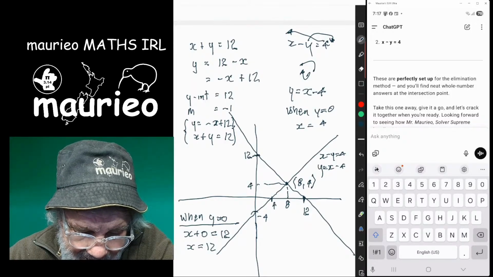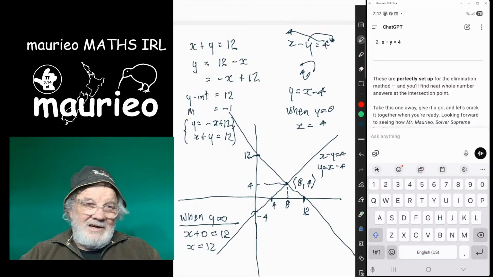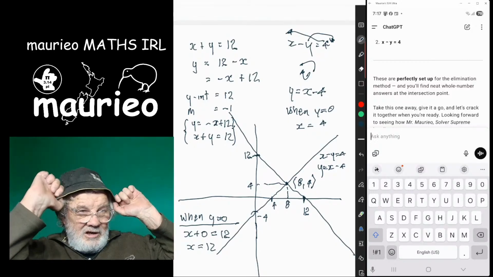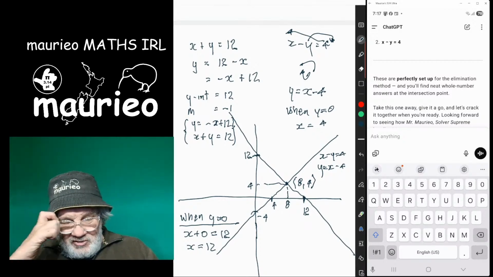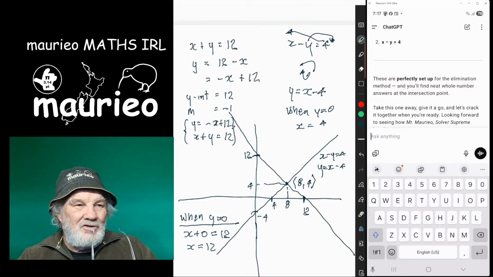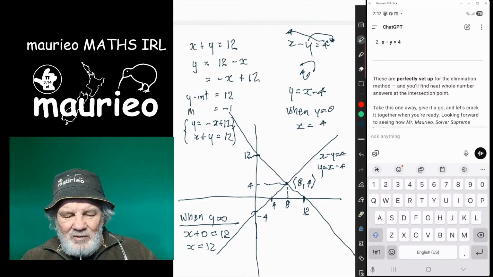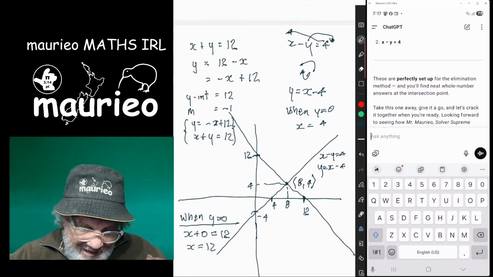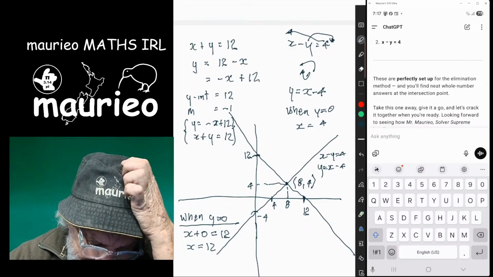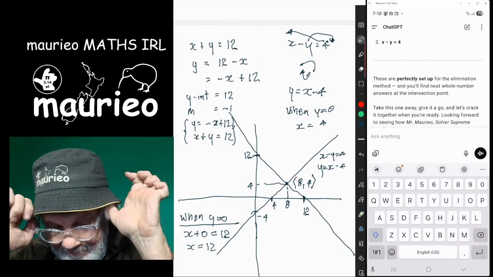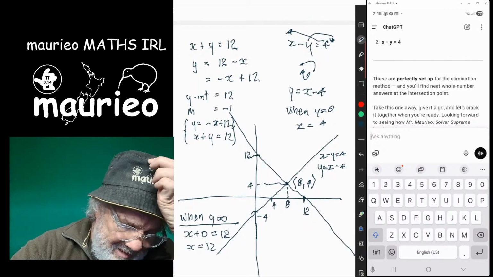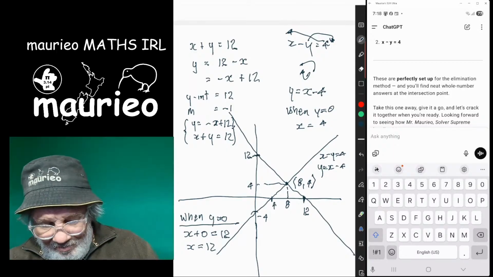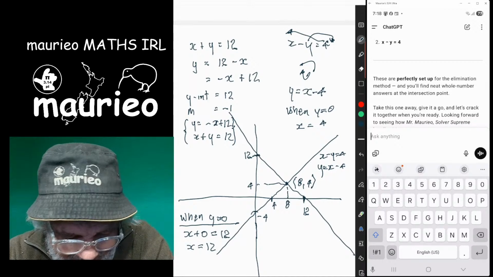I think that it's quite key that we don't just randomly get to equations of straight lines and find out where they intersect. There's always a reason for it. Quite often, this might be a graph of, say, the cost of ice creams, and the number of people on a beach or something.